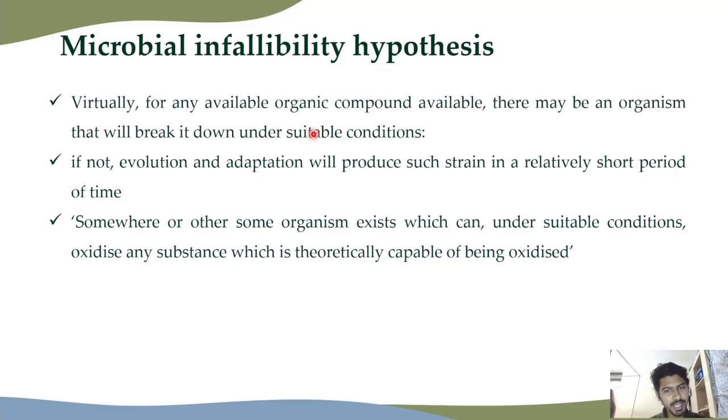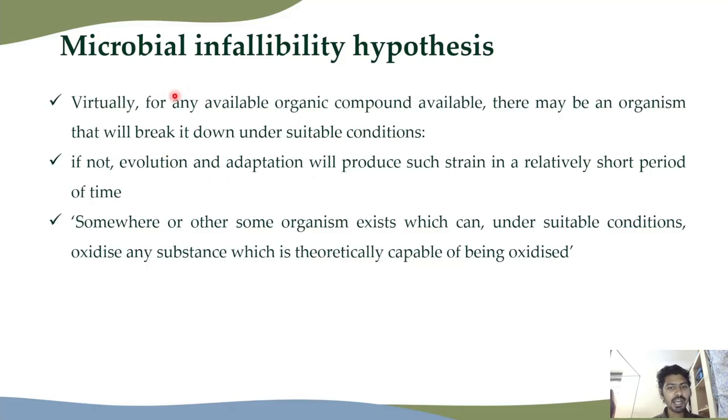For almost any organic compound that is available on the earth, there is always a microorganism that can break it down if it is given a suitable environmental condition. And also, if no such organism exists, what happens?